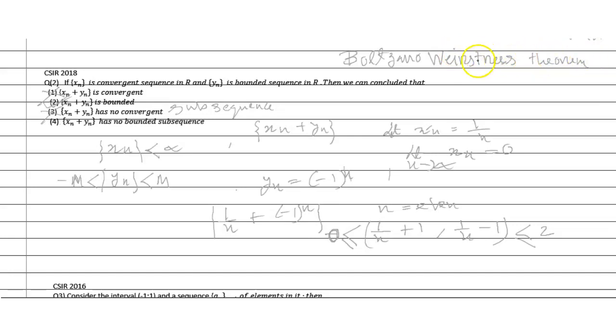What is the Bolzano-Weierstrass theorem? Every bounded sequence has a convergent subsequence.